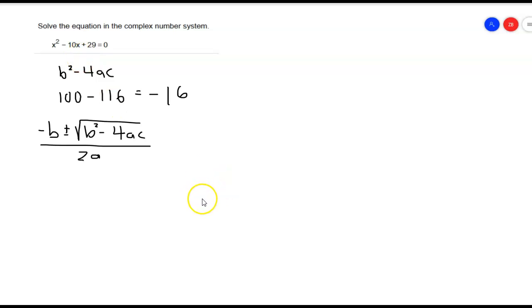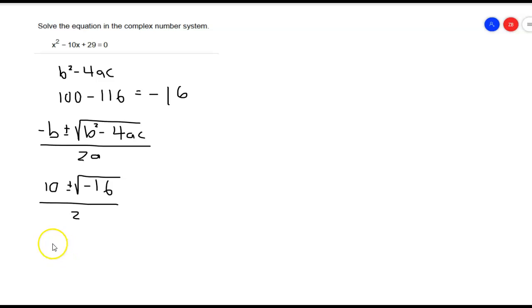Normally it's where the graph would cross the x-axis, but in the case of imaginary solutions, we're not going to have a parabola that crosses the x-axis. So putting everything in here, negative b, so that's the negative of negative 10, so that's going to be 10, plus or minus the square root of, we already worked out that discriminant earlier, so that's negative 16, all over 2 times a, which is 1, so all over 2.